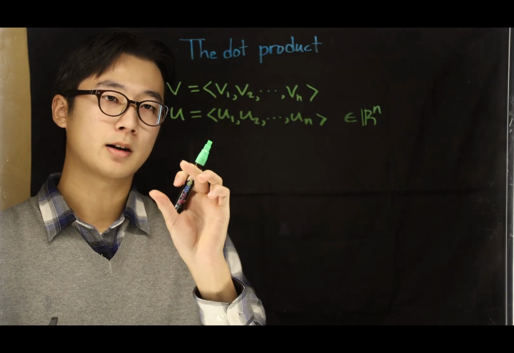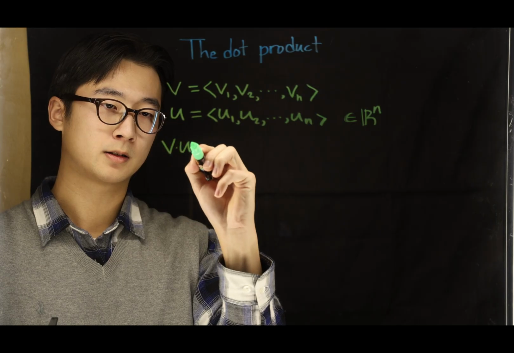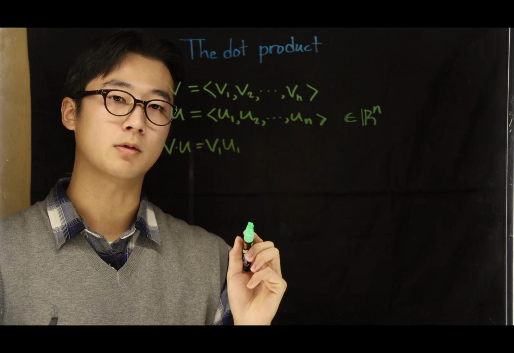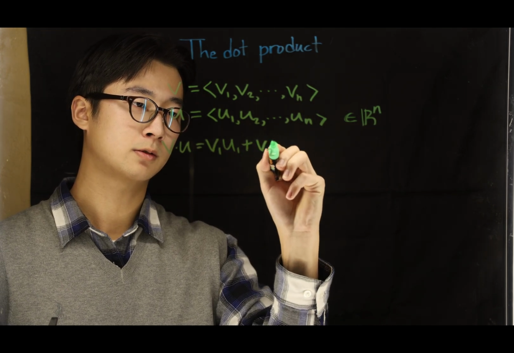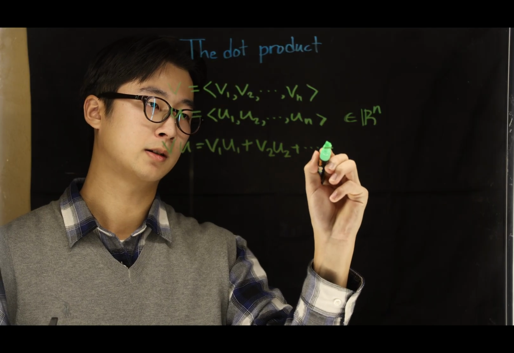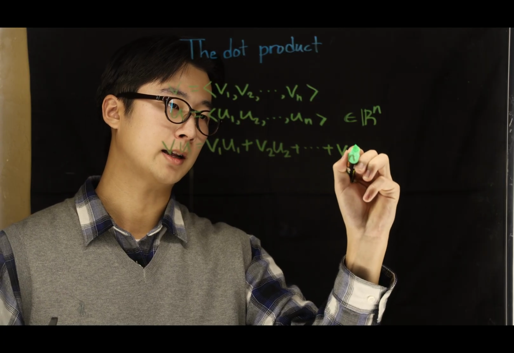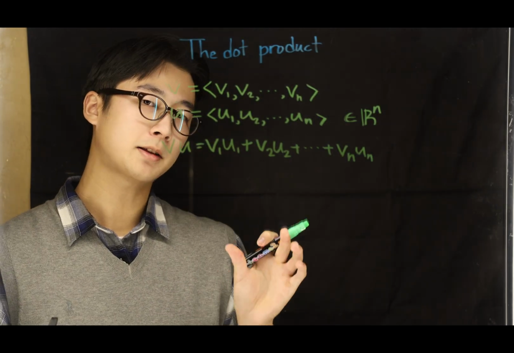The dot product of v and u is just equal to v1 times u1 plus v2 times u2 plus, and so on, until vn times un. That's it. This is the dot product.